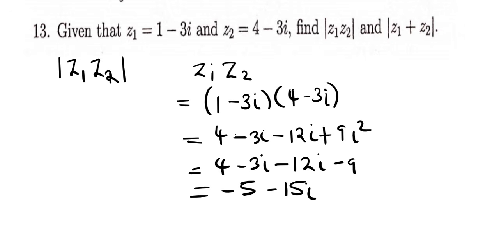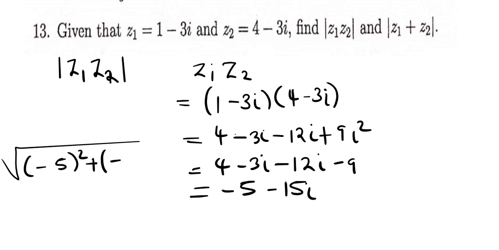So now we're supposed to find out the magnitude. The magnitude of this would mean that you're going to get each of them, then you square them. So I'm going to have negative 5, I square this, then plus negative 15, I square that, then I solve.